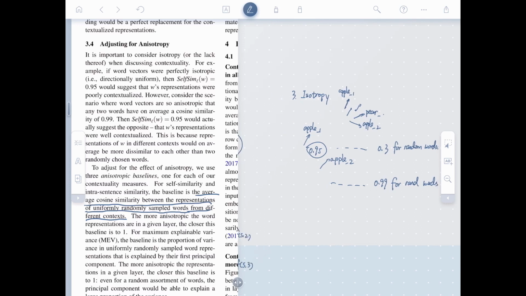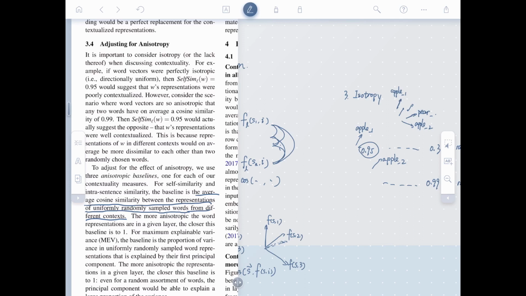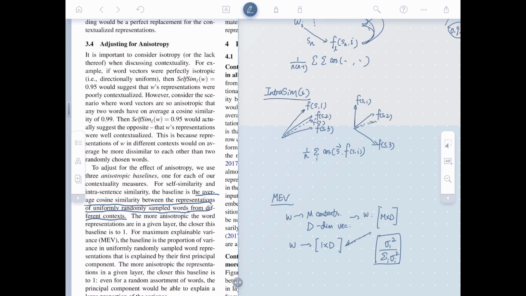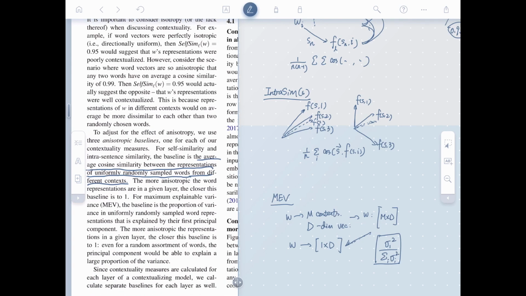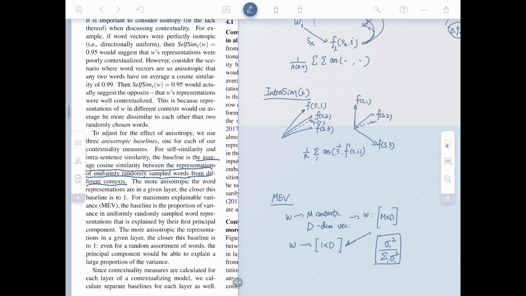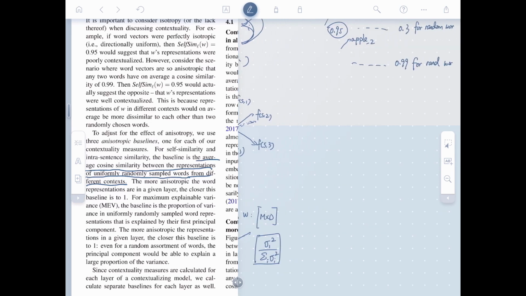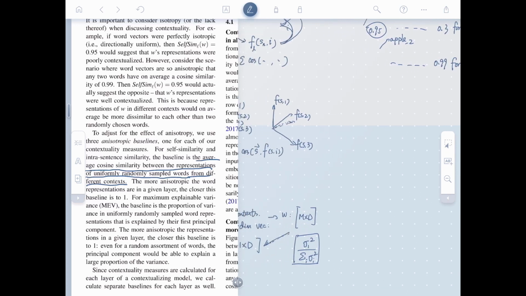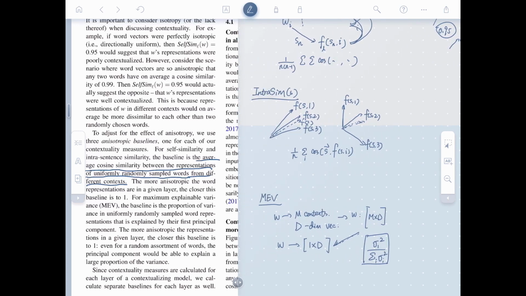In a similar way, there is a baseline for intrasim and MEV as well. The baseline for intrasim is the intrasim of sentences constructed from random words.